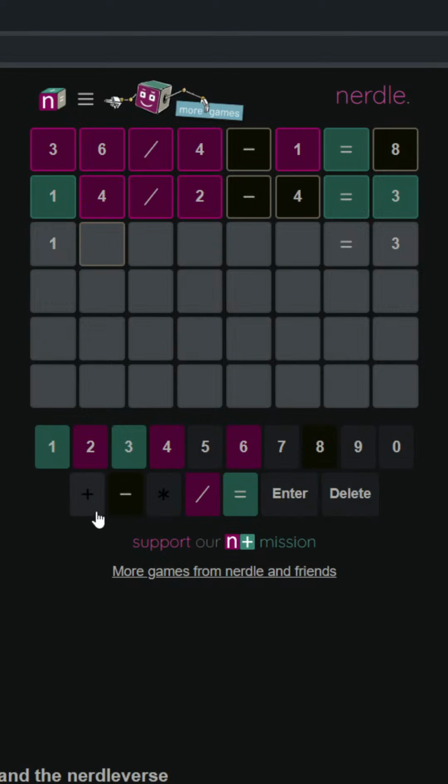Let's say this is 1 plus 1 times 9 divided by 3. No. It needs to equal 3. 12 divided by 4 minus 2. No, 12 divided by 4 is 3. What am I cooking?